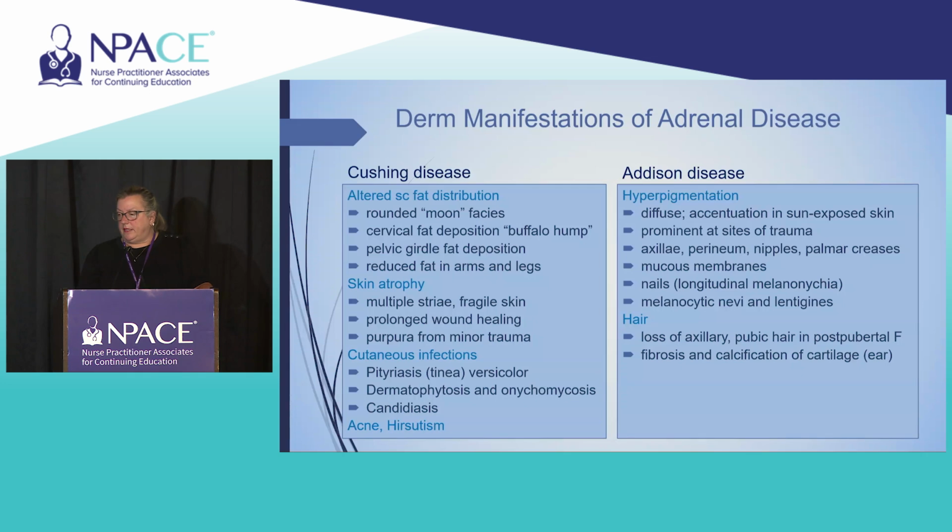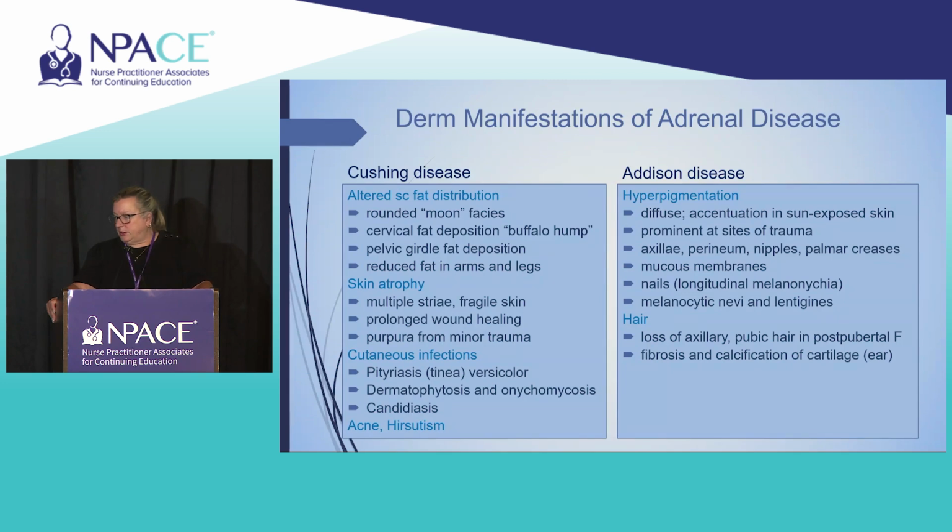You're familiar with the effects of chronic corticosteroid therapy, creating the abnormal fat distribution and skin atrophy in patients who develop Cushing disease. Of course, they get secondary acne, and many patients will become hirsute.